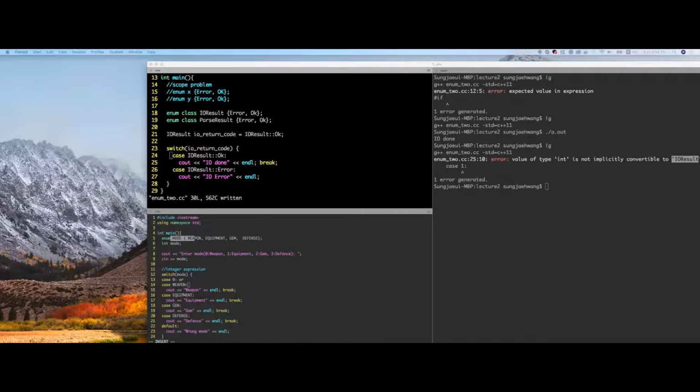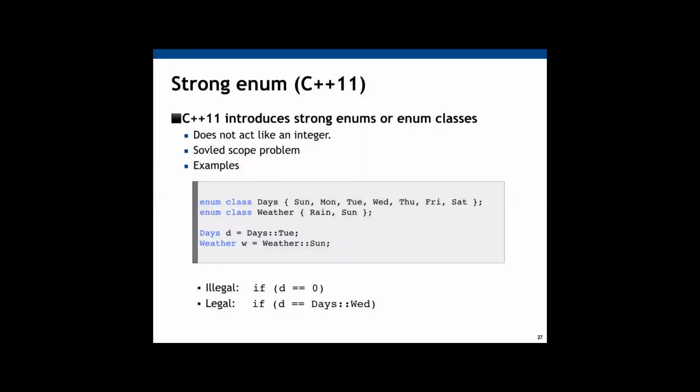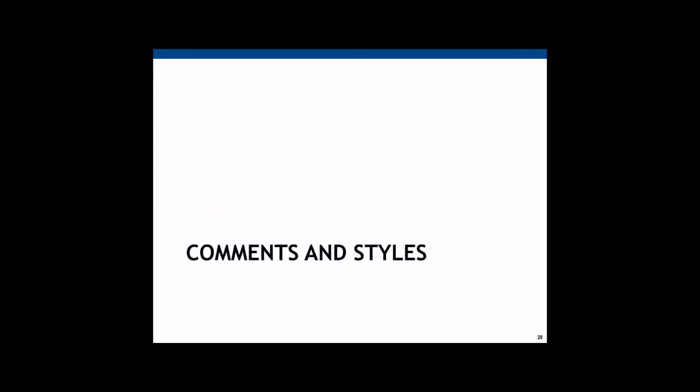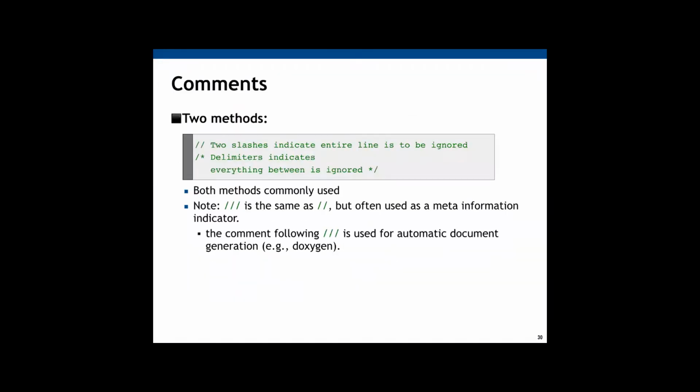Okay, let's go back to the slides. Comments and style. There are two methods to insert comments in a program. The two slashes indicate the start of a comment, and are used for comments with just one line.